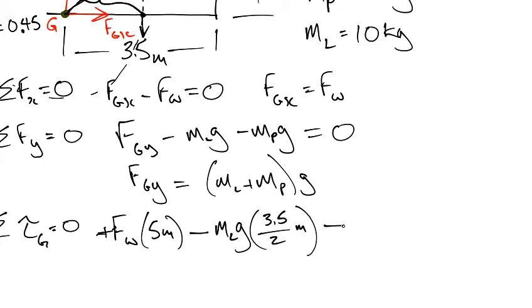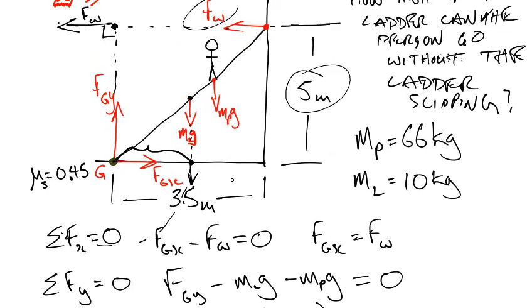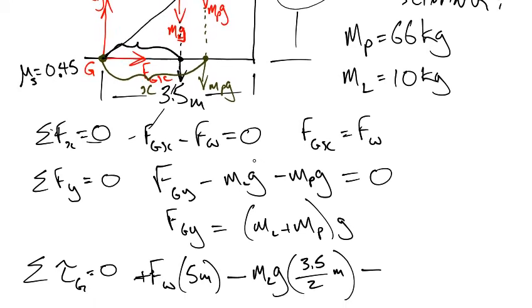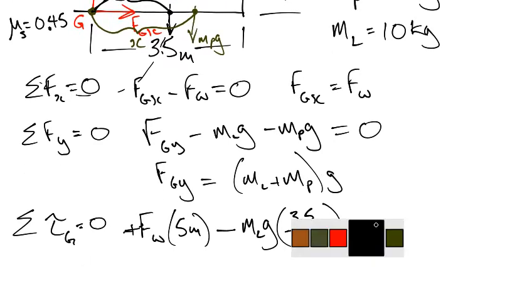Now, we're also going to have negative, again, for this one here, MPG, except this is a distance that we do not know. And I'm going to make this in a different color here. So this distance here, right there, is where we can act MPG. This distance, I'm going to say, is an unknown value of x. Okay? And so, therefore, it's going to produce, again, a negative torque because it is clockwise.